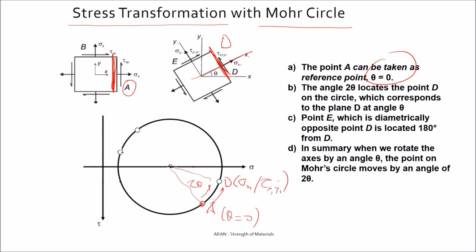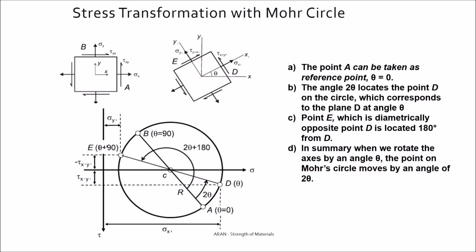Okay, so point E, which is perpendicular opposite to D, is located at 180 degrees, so this will be your point E. So in summary, when you rotate the element by angle theta, the point on the Mohr circle moves by an angle of 2 theta. So this is everything more clearly.